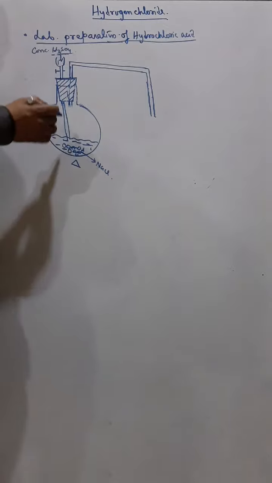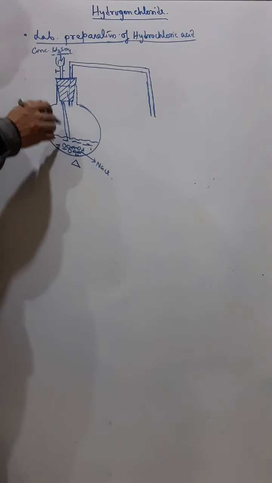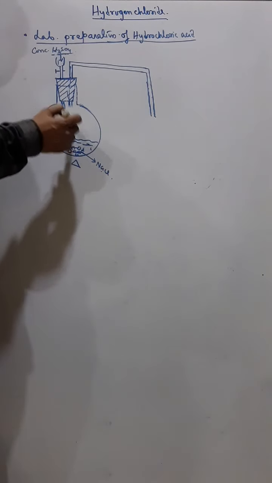Now we'll do the laboratory preparation of hydrochloric acid. It's the same: first we have to prepare hydrogen chloride gas, as we have seen previously, with concentrated sulfuric acid added to NaCl drop by drop, and then the reaction starts.